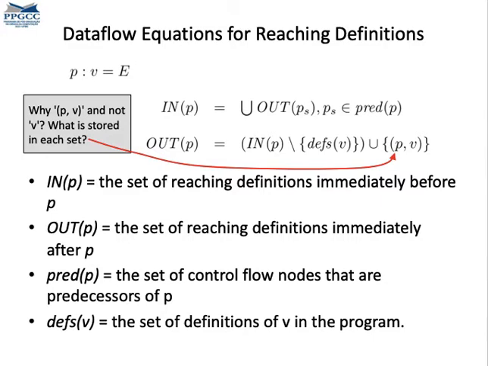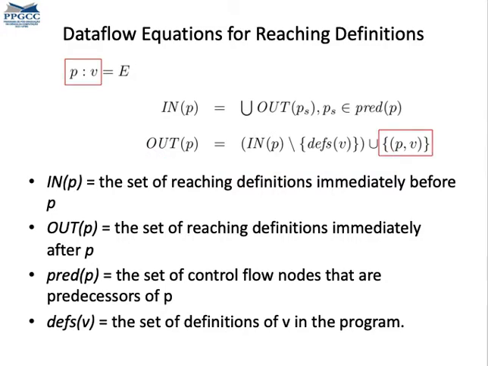In this way, our analysis supports programs with multiple definitions of the same variable name, and program points in which multiple different variable names can be defined. Notice that definitions create information immediately at out sets. Also, notice that definitions kill older definitions of the same variable. In other words, the definition of a variable v never crosses points where v is redefined. And finally, notice that we use a union to join reaching definitions at join points in the code.